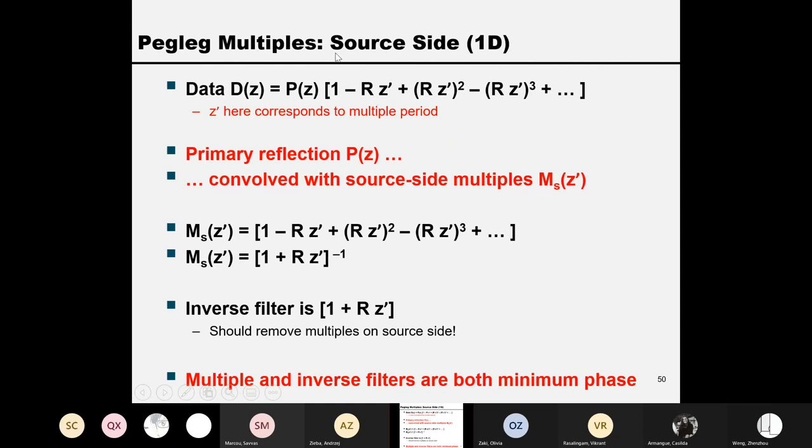You end up with the primary only, right? Make sense? Okay. Again, because R is the reflection coefficient of the water bottom, R is less than 1. So this filter is a minimum phase filter. So of course you can do the inverse filtering, right? So the filter for multiples and the inverse filter are both minimum phase.